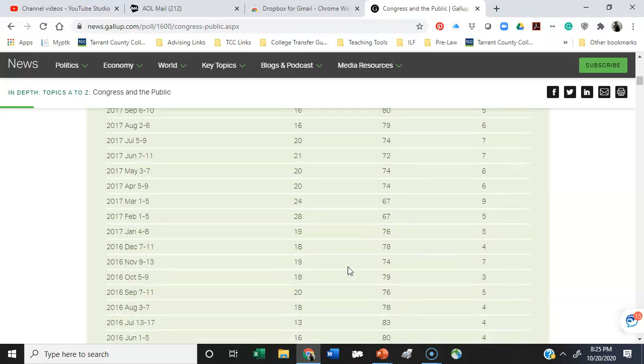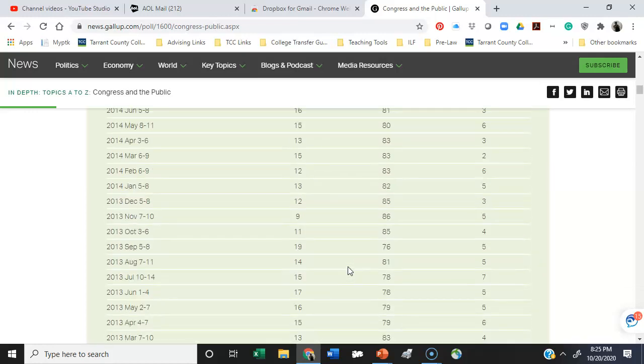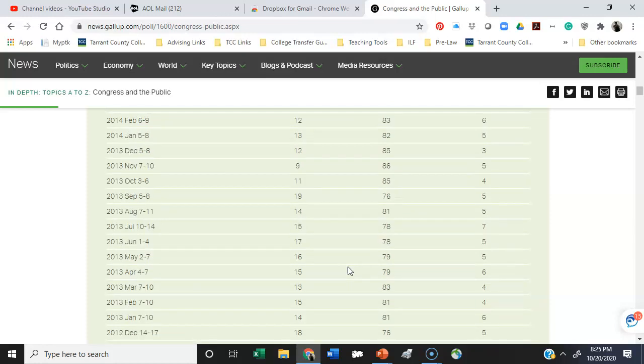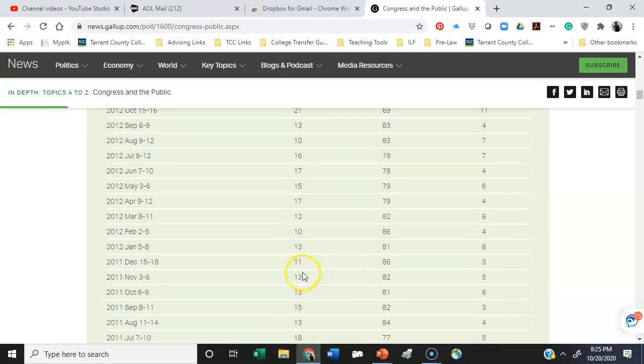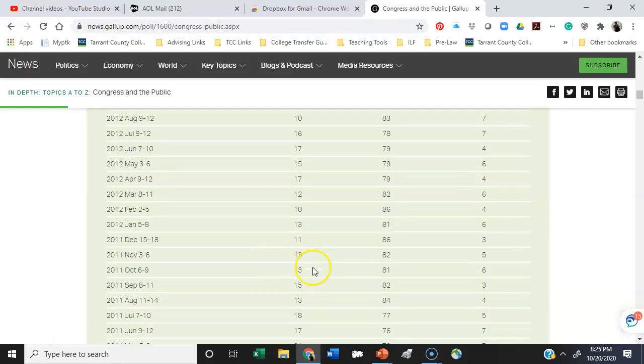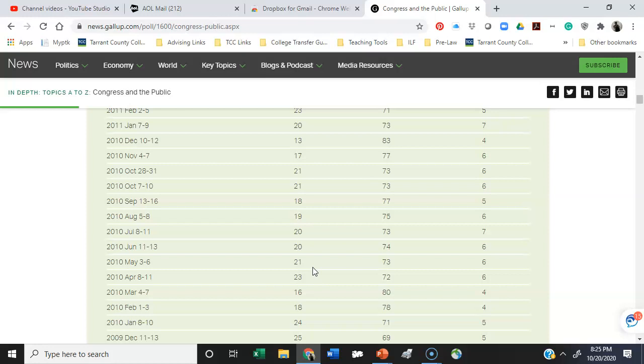And goodness, the highest that it has been in the last few years is 20%. Ooh, December 2011, it was down to 11%. So it has been a while.